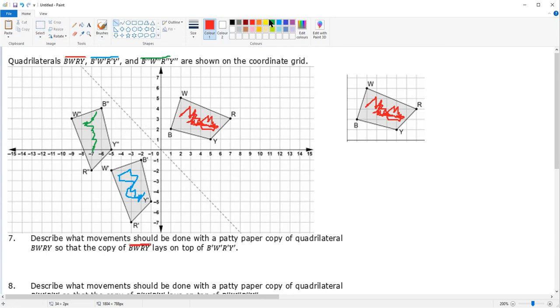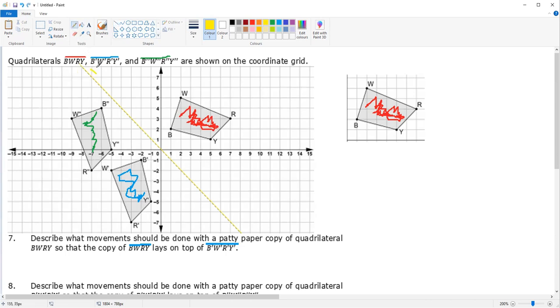Red overlies blue. All right, well, this is the line. This line right here is the line.